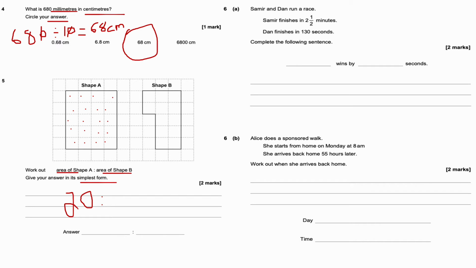Then I'm going to put the 2 dots. Shape B, 1, 2, 3, up to 12. So 20 to 12, and I can simplify that by dividing this ratio by 4. So I get 5 to 3, dividing this part by 4 and this part by 4.